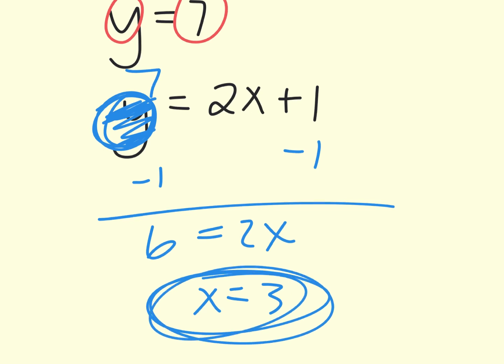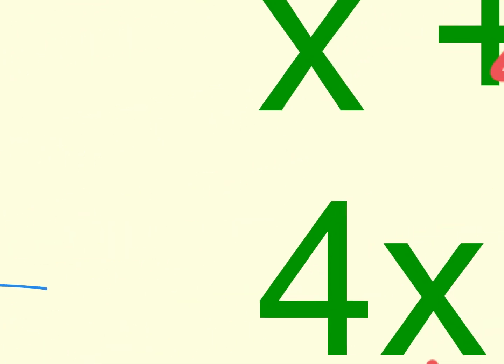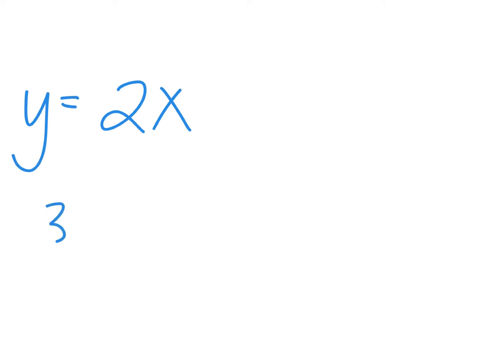Good. All right. Here's a medium step up. It's not super hard, but it's harder than that last one. Y equals 2x and 3x plus 2y equals 5.